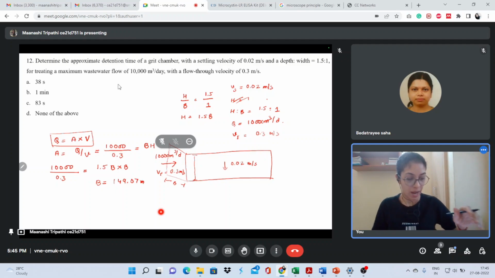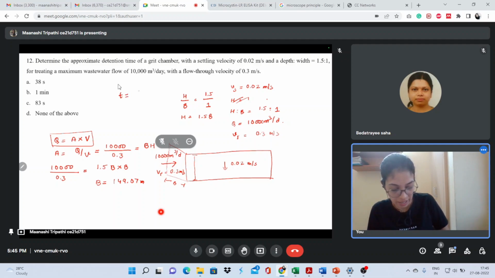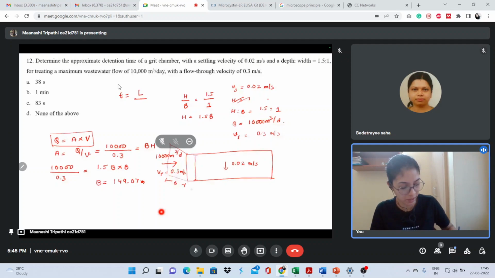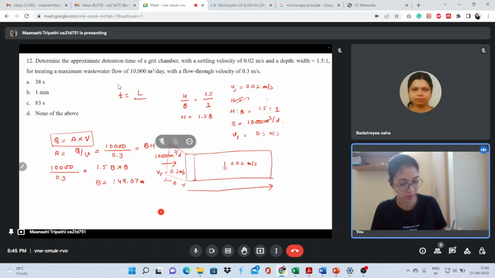And we need to find the detention time. Detention time is either length divided by flow velocity, or volume upon Q. Retention time is how much time a particle will take to travel from here to here.